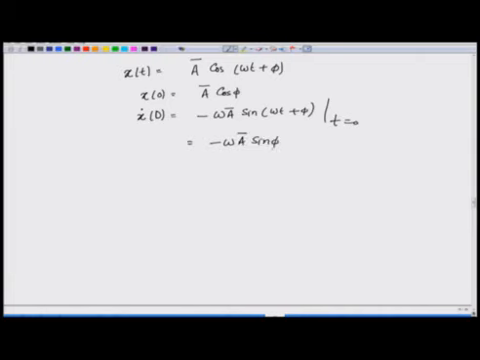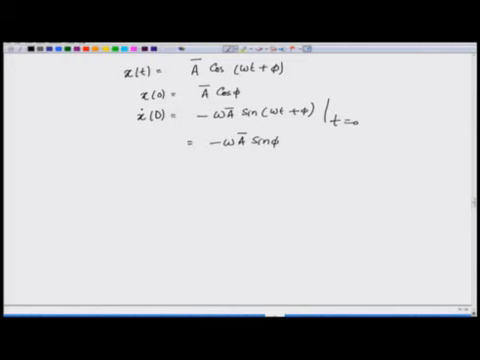So, the velocity and displacement at time t equal to 0 are related to the amplitude a bar and the initial phase phi. So, that is another way of writing the solution for simple harmonic motion.